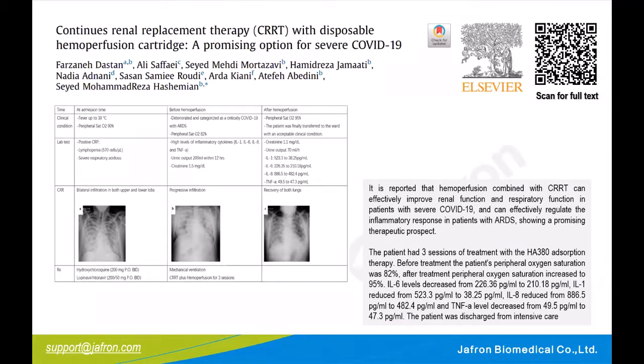And also it helped to regulate the patient's immune and inflammatory response.